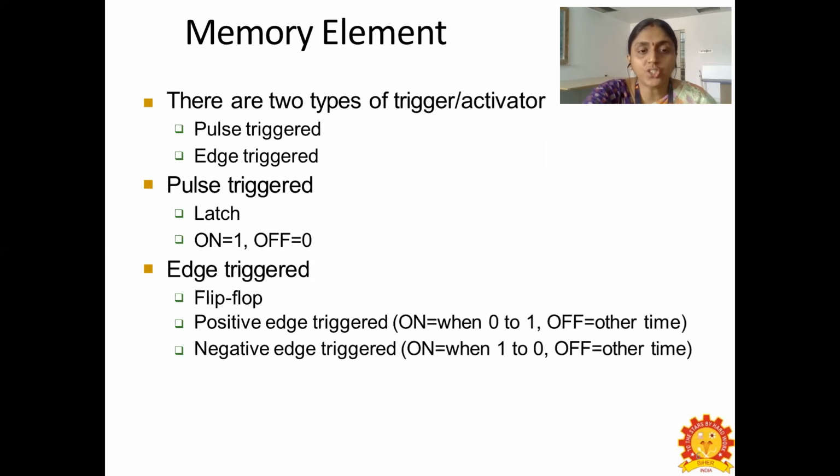Edge triggered is found in flip-flops. For positive edge triggered, the on state is when the 0 to 1 transition occurs, and it is in the off state at other times. When negative edge triggered is considered, the on state is when the transition occurs from 1 to 0, and off at other times.